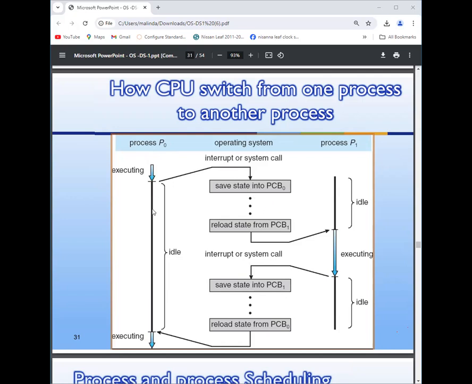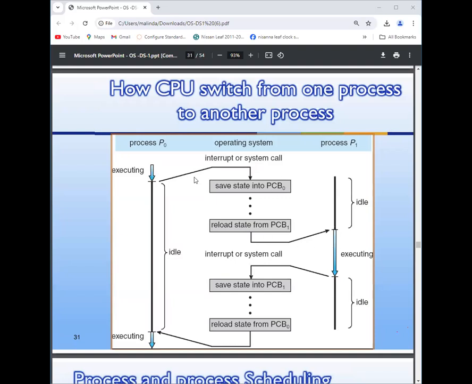Then the CPU is released. After the saving is over, the process P1 state will be read from wherever it is stored onto the CPU, the state is reloaded, and then it will start running on the CPU.